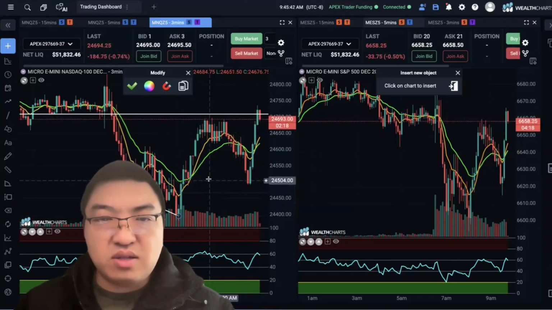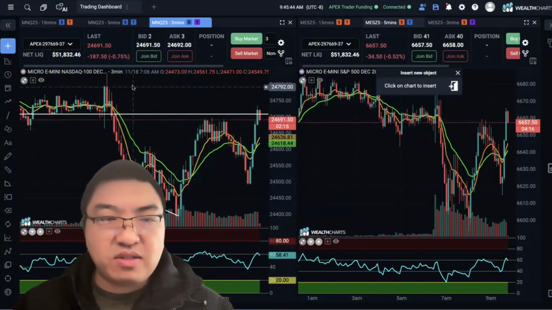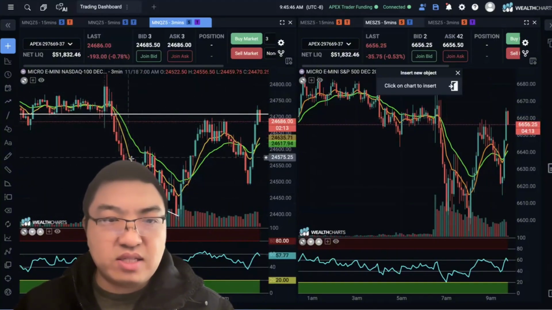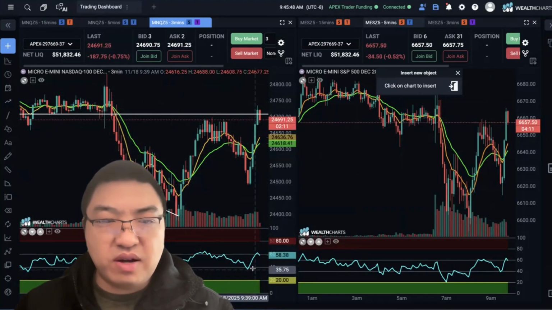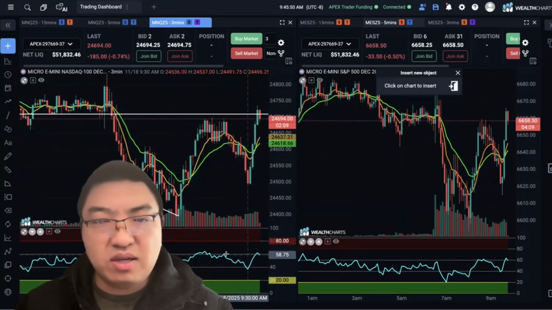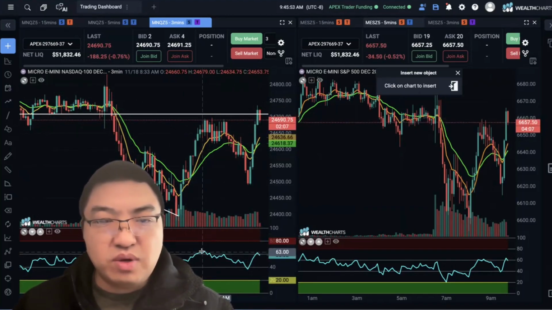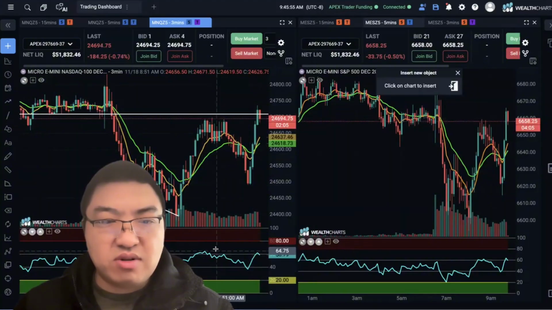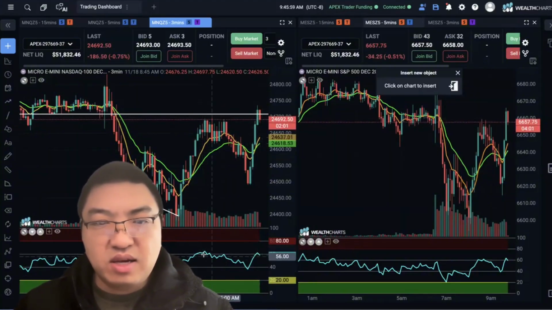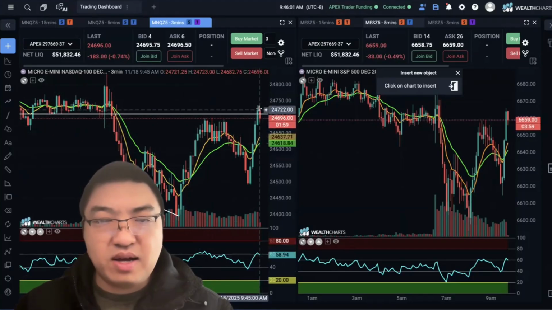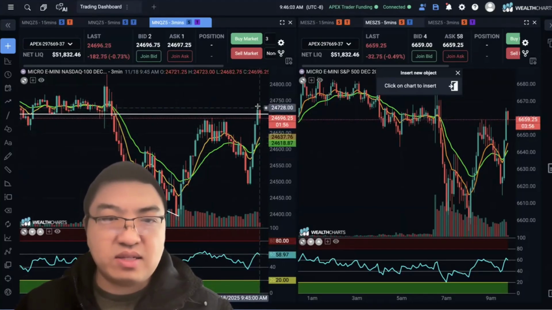RSI divergence is not always effective. So we need to observe some legacy trend and see, okay, this is already validated. And with the effectiveness of RSI divergence, let's see the top. It arrived here and arrives here at the same level, but the price action is a little bit above that.